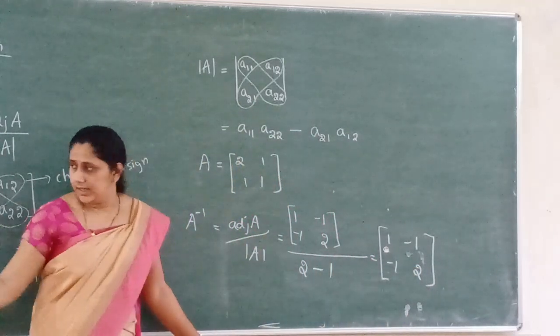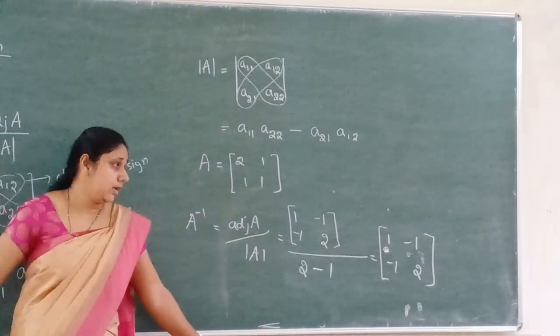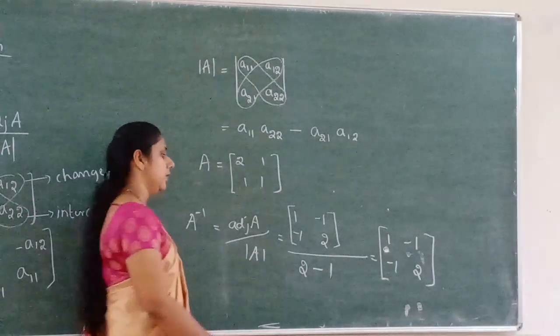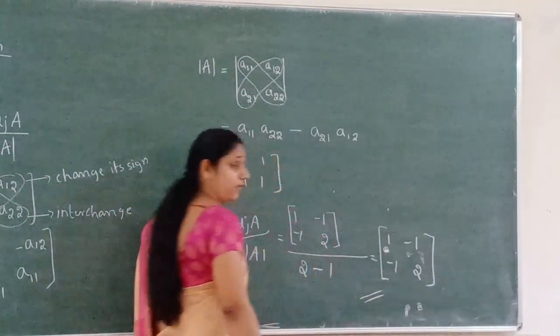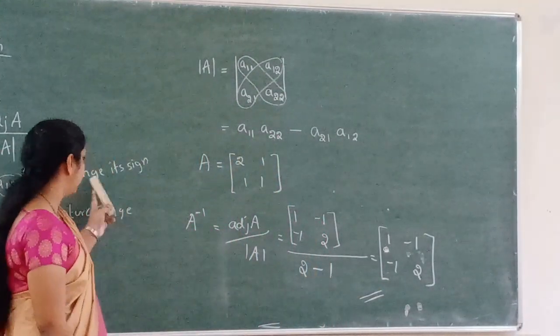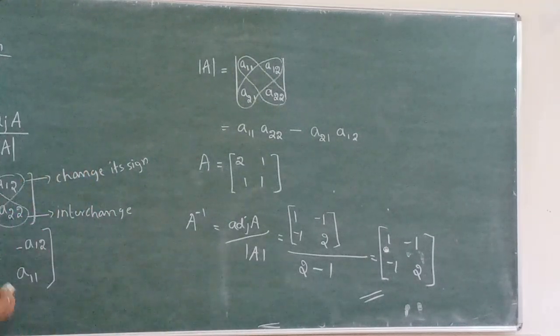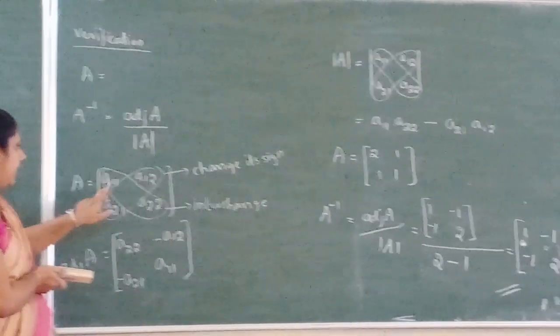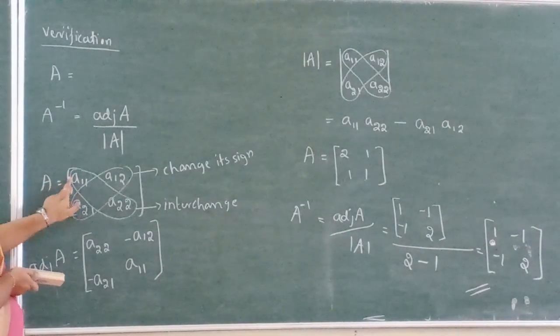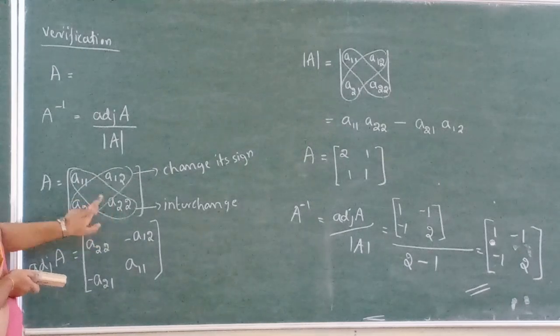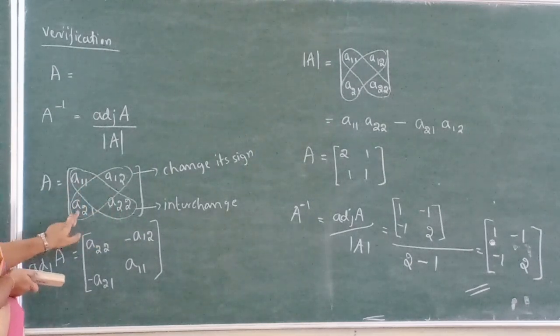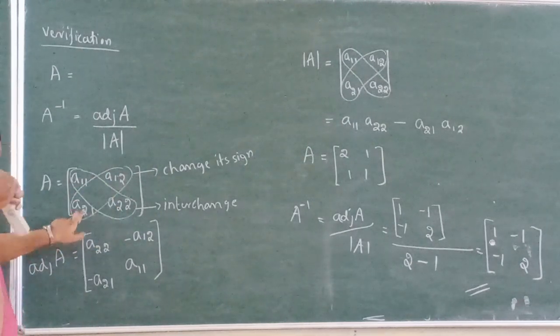You can verify that, earlier we got the same matrix as A inverse. So this method is just for verification. And this method holds for only 2 cross 2 matrix. That is, you have to find adjoint A by determinant A. To find adjoint A, you have to interchange the diagonal elements and change the sign of non-diagonal elements.